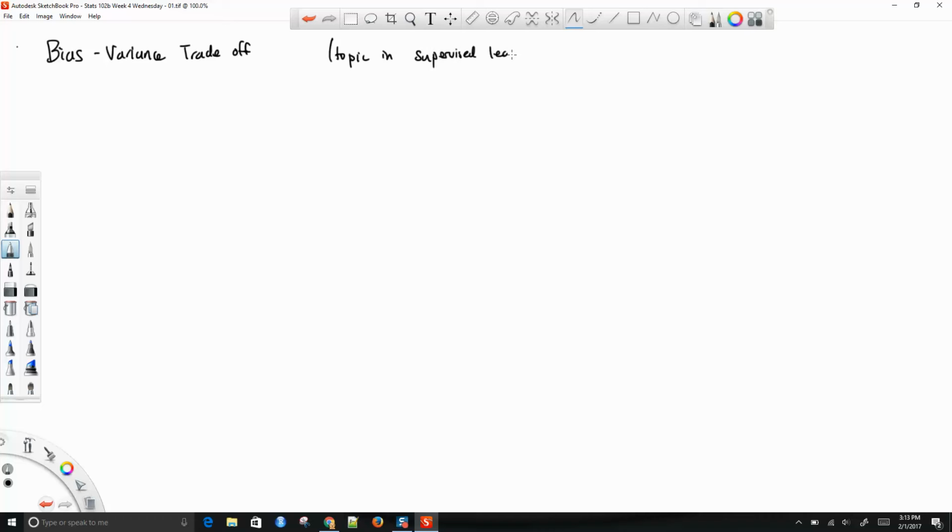Supervised learning, again, is the idea that you have training data with the quote correct answers. Anytime you're dealing with some kind of loss function and you're trying to see if your fitted values match the correct answers, that's a case of supervised learning.